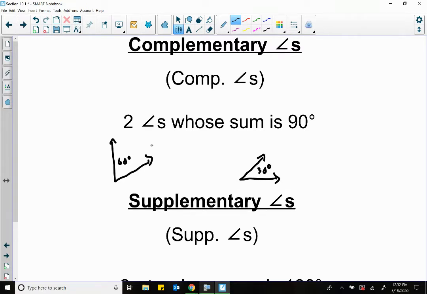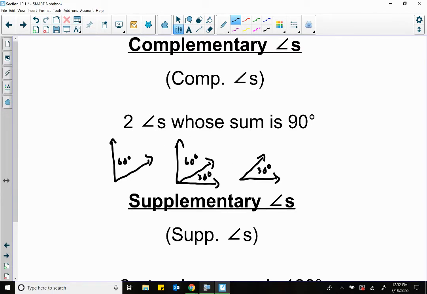And 60 plus 30 is 90, so these two angles are complementary. But they didn't have to be apart. I could have a picture that looks like this, where they are touching, or what we call adjacent. So complementary angles can touch each other, but they don't have to.